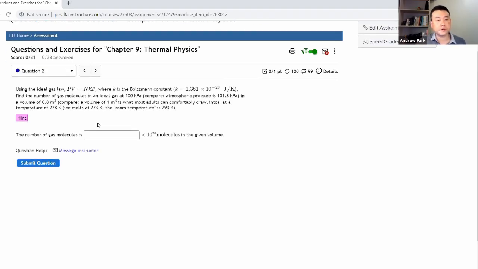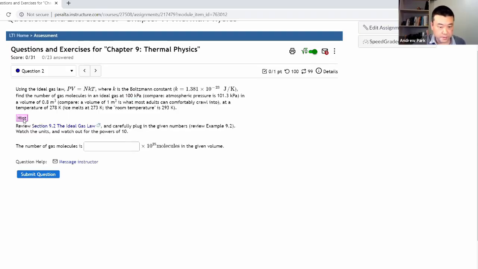Units are always important, but this is where people can easily make a mistake of using temperature in Celsius or Fahrenheit. So it says, find the number of gas molecules in an ideal gas at this amount of pressure in this much volume, at a temperature of, okay, it gives us temperature in Kelvin, so we don't have to do any conversions.